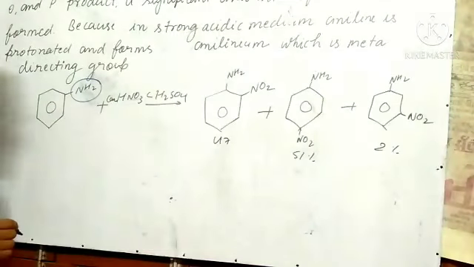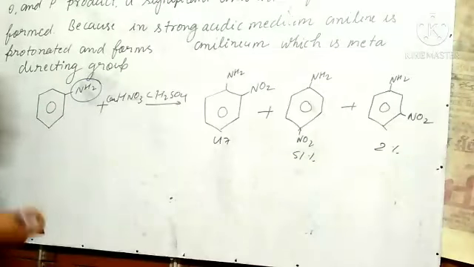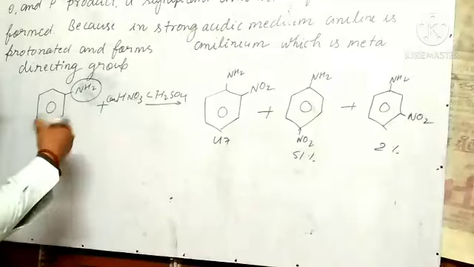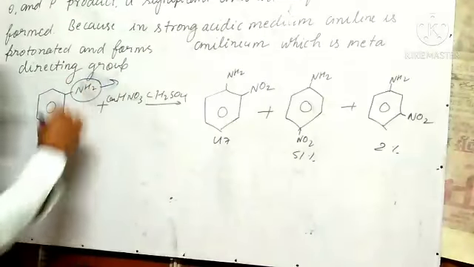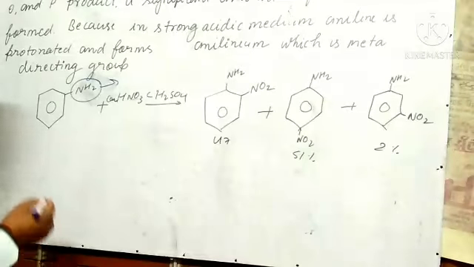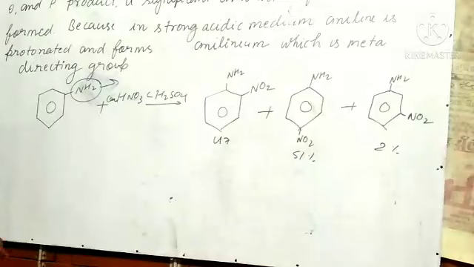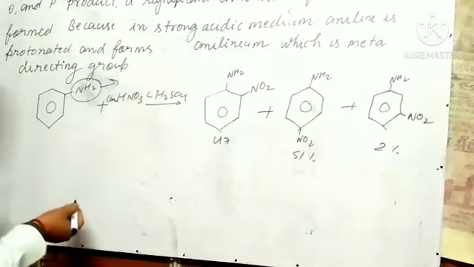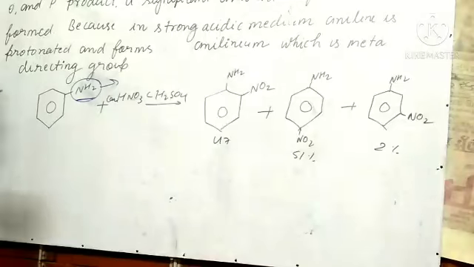By acetylation we can protect this group, and we will get the para product as a major product. So for para product, we have to protect this one by acetylation with acetic anhydride.